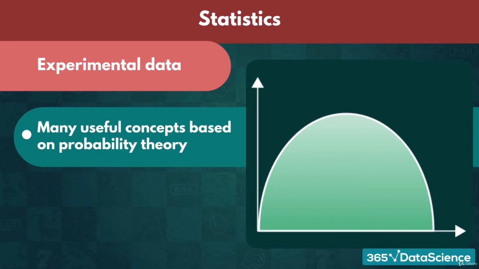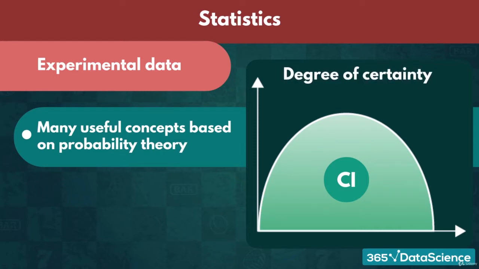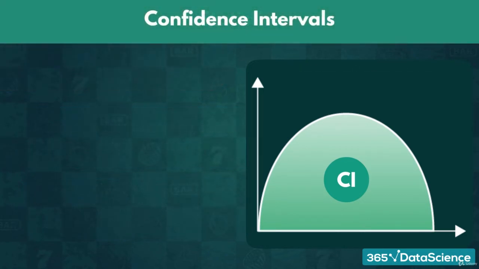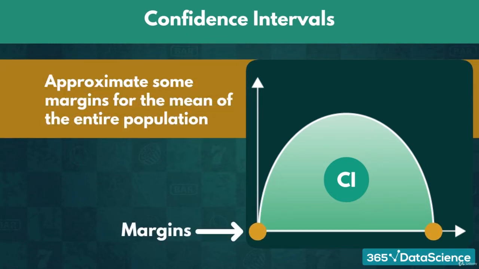A confidence interval, or CI, uses sample data to define a range with an associated degree of certainty. These degrees of certainty are usually 90%, 95%, or 99% and express the likelihood of the population mean being within that interval. A more hand-wavy explanation of confidence intervals is that they simply approximate some margins for the mean of the entire population based on a small sample.